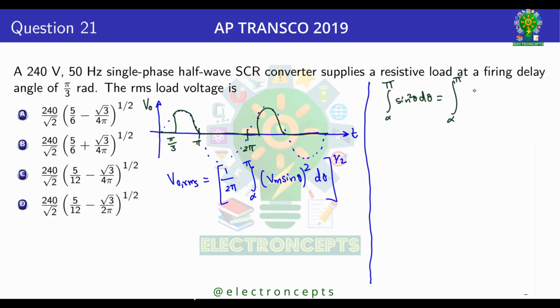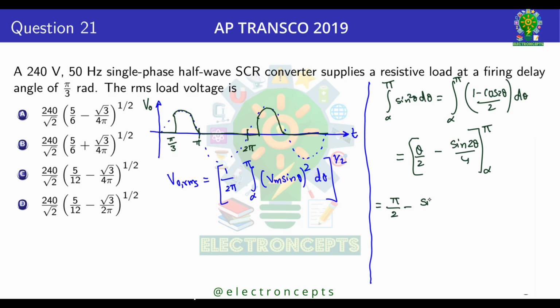We can write sin square theta as 1 minus cos 2 theta by 2 into d theta, which is equal to theta by 2 minus sin 2 theta by 4 taken from limits alpha to pi, which is equal to pi by 2 minus sin 2 pi by 4 minus alpha by 2 minus sin 2 alpha by 4.